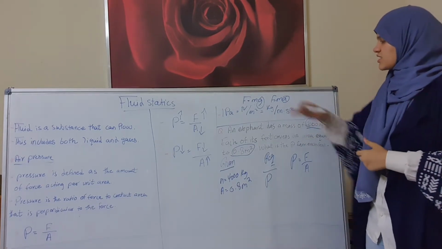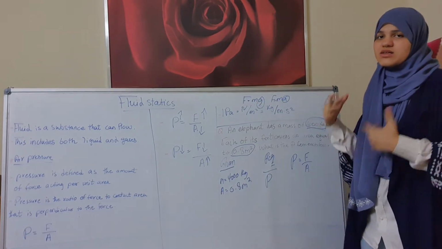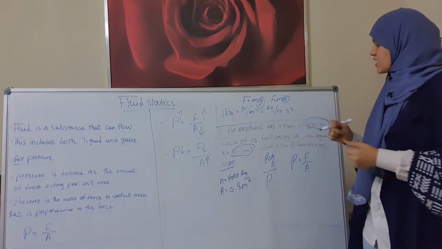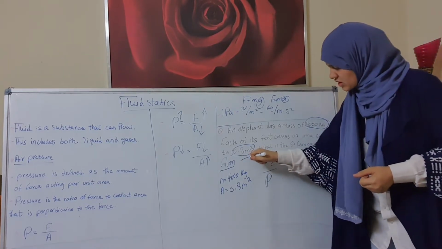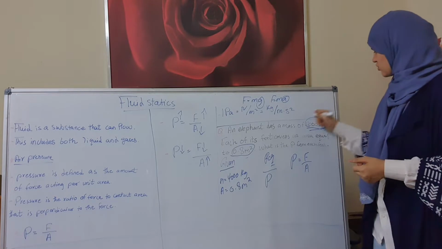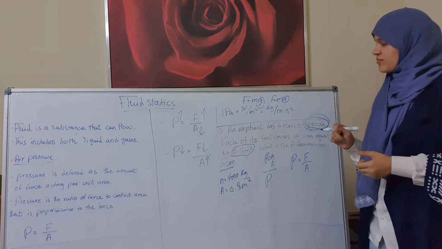So gravity we will take as 10 meter per second squared, and we will multiply it with the mass, which is 4,000 kilogram.